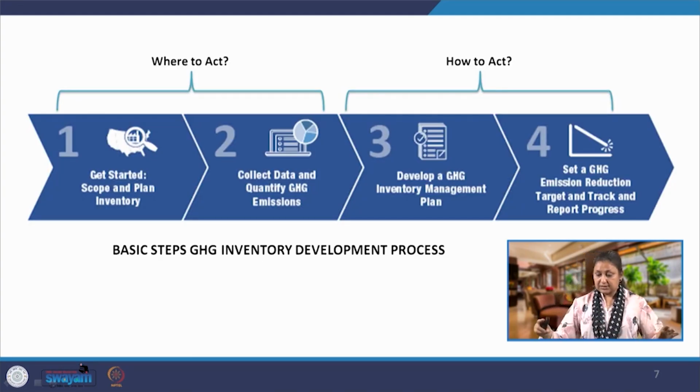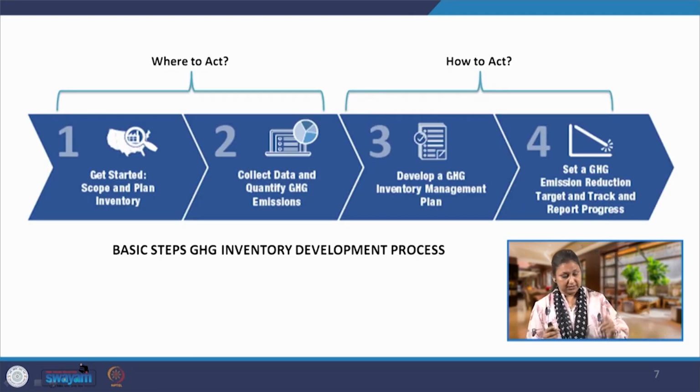Now, if we look at these 4 steps which we had discussed earlier too, step 1 and 2 is defining where to act, which is we have to set up these boundaries, we have to know where to act, and for that we have to identify the boundaries and the inventories within them. Once we have done that, we go to the second step, which is how to act, where we will then develop a management plan for the inventory.